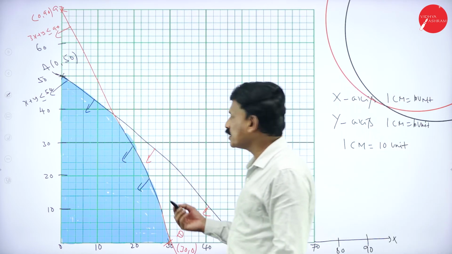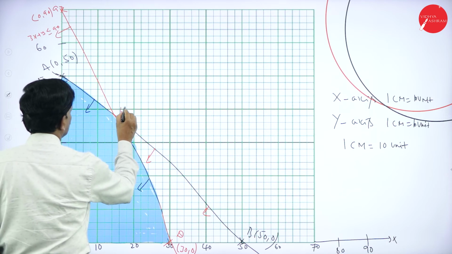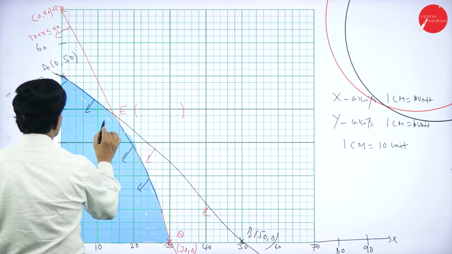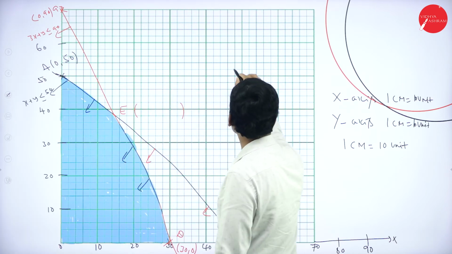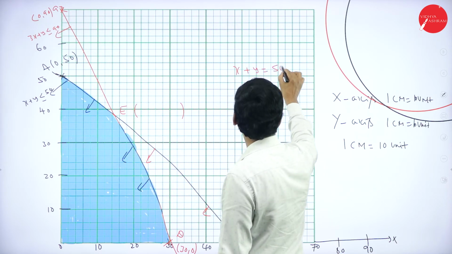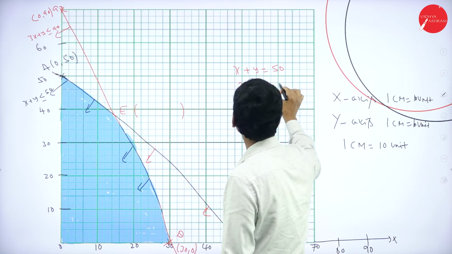Now find out the corner points. What are the corner points? So this is the point E. So exactly this will cut the axis. On solving the equations x plus y is equal to 50 and 3x plus y is equal to 90.